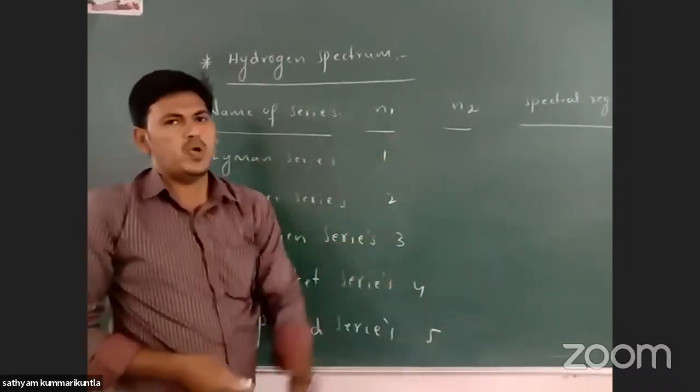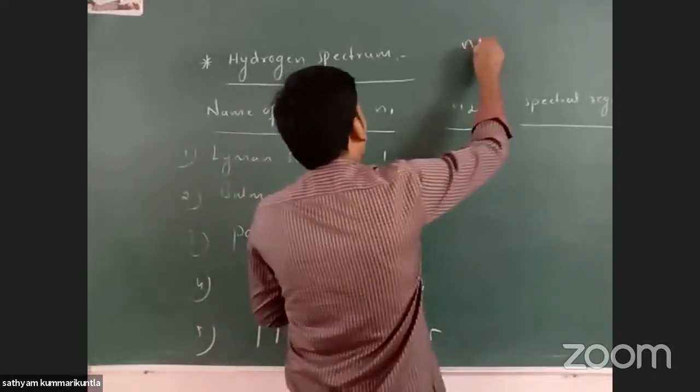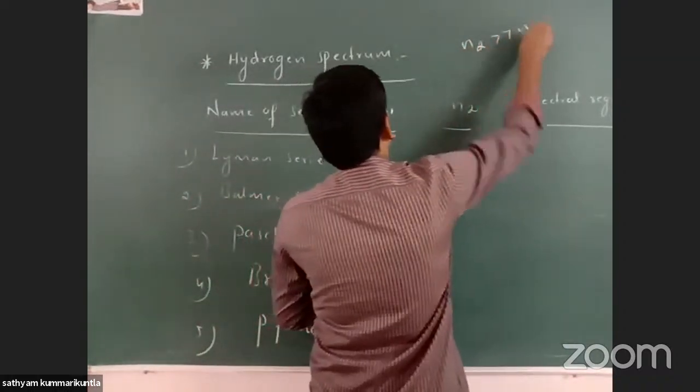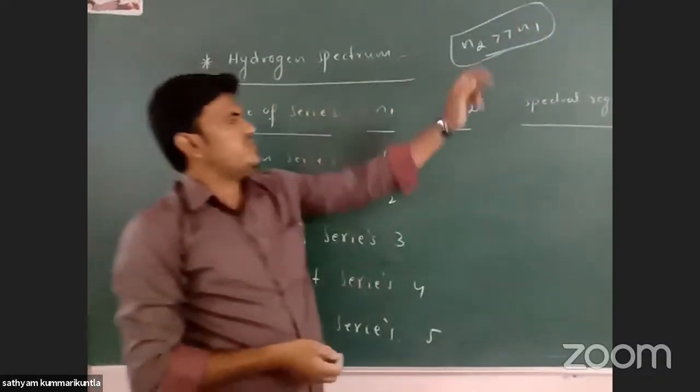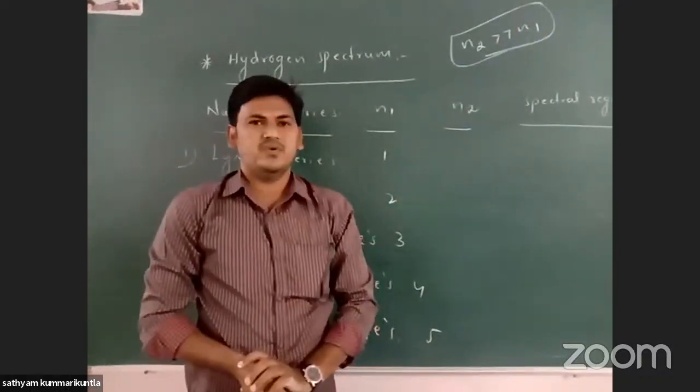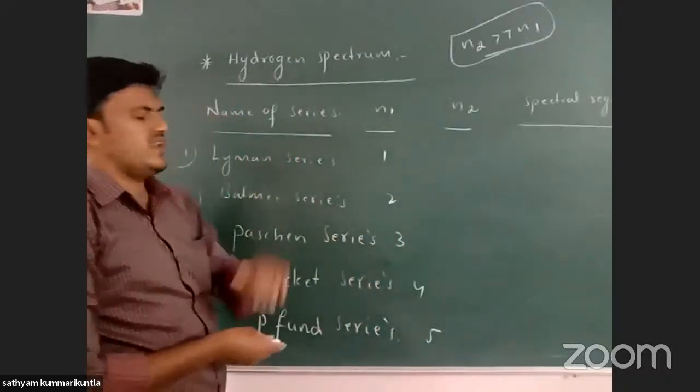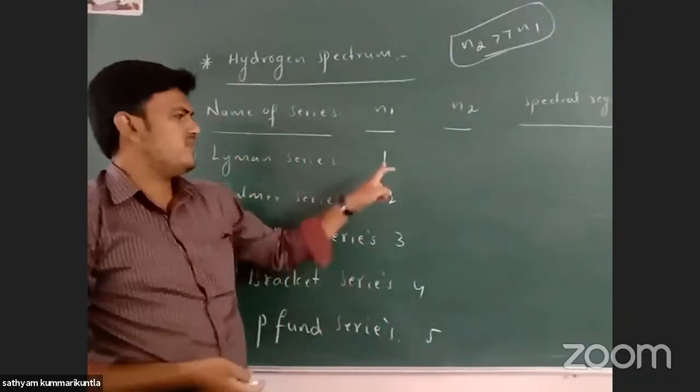Next one, N2. N2 is always greater than that of N1 value. For example, in Lyman series, N1 is equal to 1.